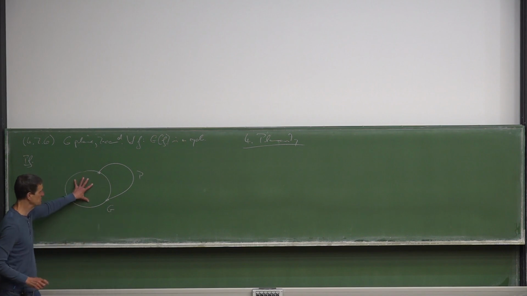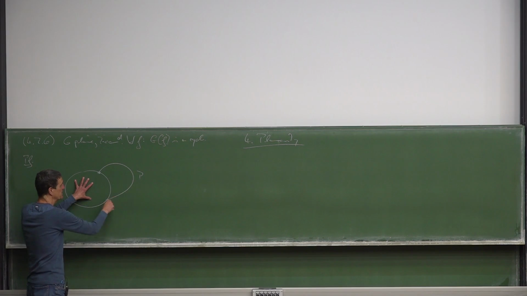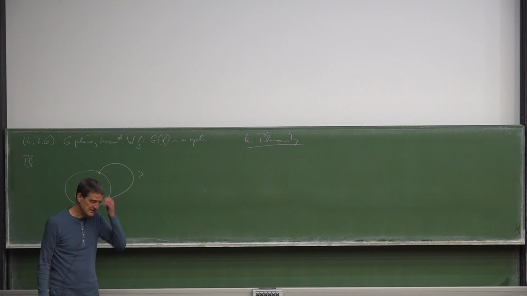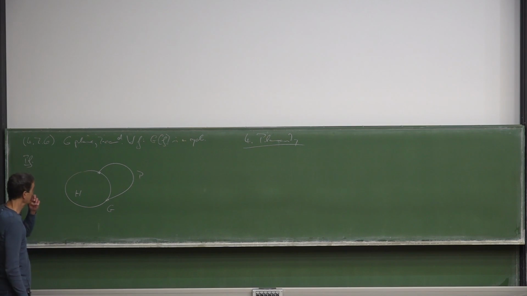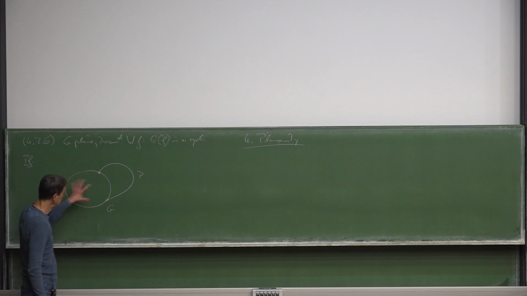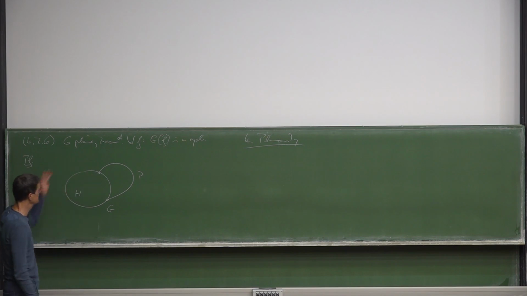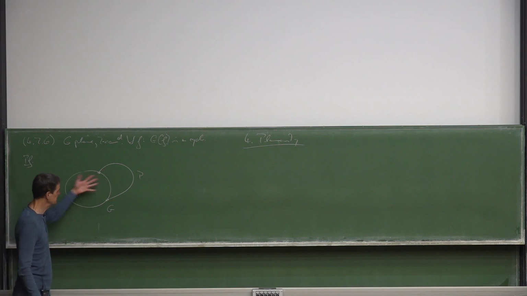So at first H is a cycle, then we add an H-path, and then we add another H-path, and so on. So let's do induction by the number of steps we need to construct our G. Okay, so let's look for the induction step. Let's look at the last step in this construction.